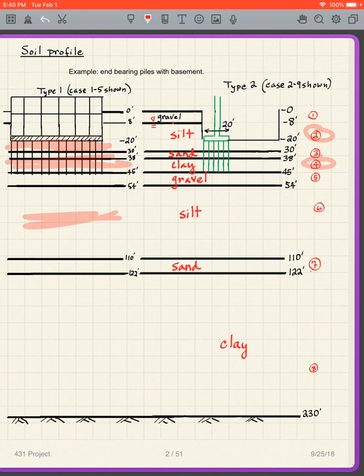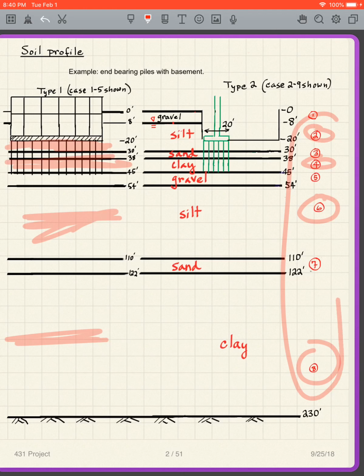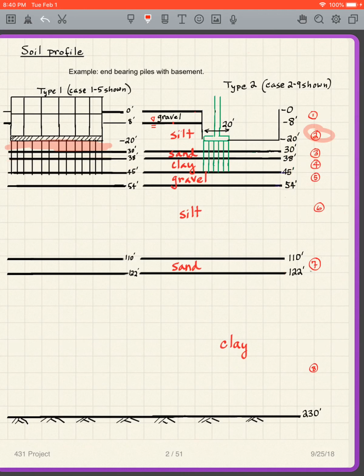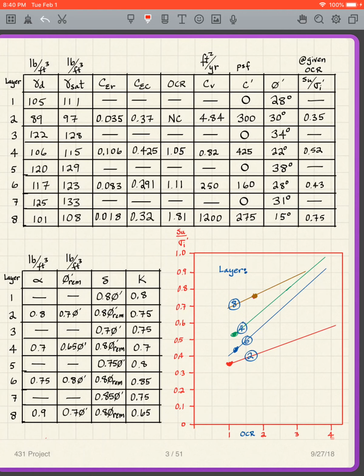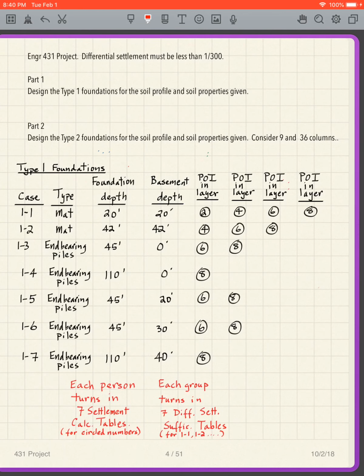I have this silt layer here, layer 6, and then I also have this clay layer here, layer 8. So I have all of these layers that can get compressed, 2, 4, 6, and 8, which means you have to analyze each of those layers. So when you do your calculations, you're going to have 2, 4, 6, and 8, and you have to look at points of interest in each of those layers.